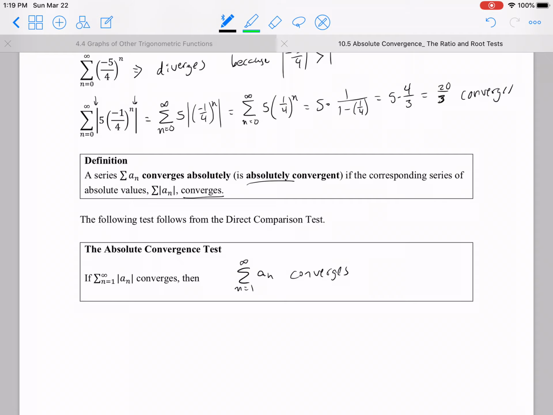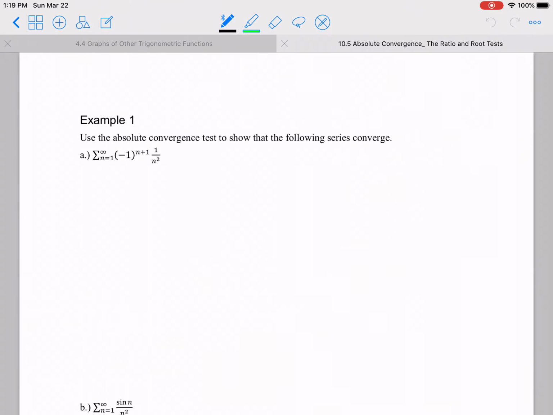So let's try taking a look at one of these. Use the absolute convergence test to show that the following series converge. And so we want to look at our sum, but this time we want the absolute value of what's there. Okay? And then what happens is this little part right here, well, it's just going to give us plus or minus, plus or minus, plus or minus, and then we're taking the absolute value.